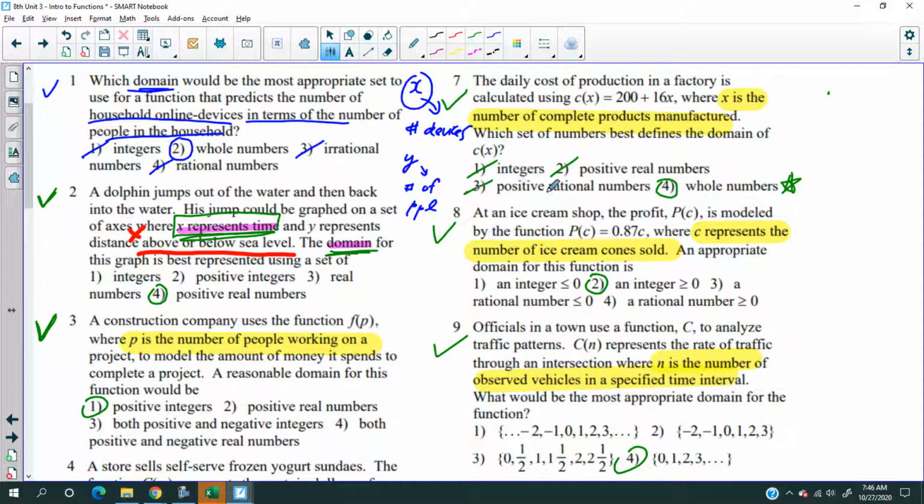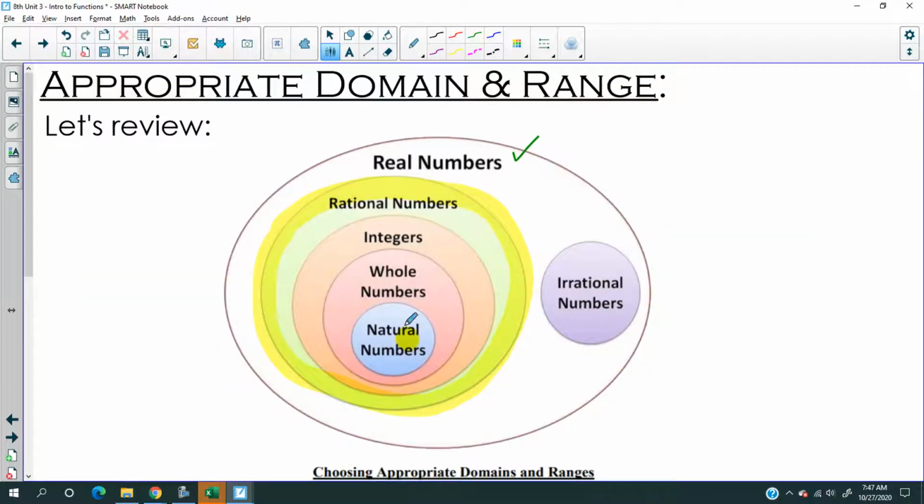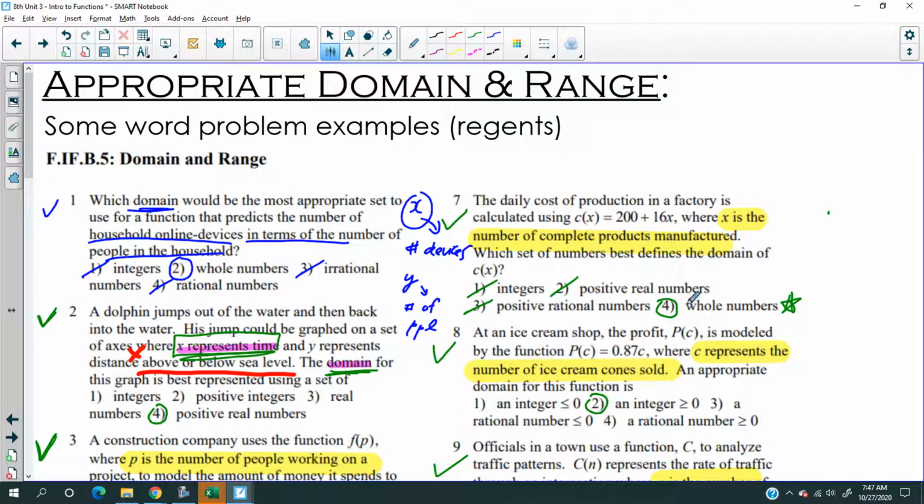Rational means fraction, so that only leaves you with whole numbers. Now you might say, wait, why whole numbers? Look back at the chart. Whole numbers are all natural numbers, including 0.